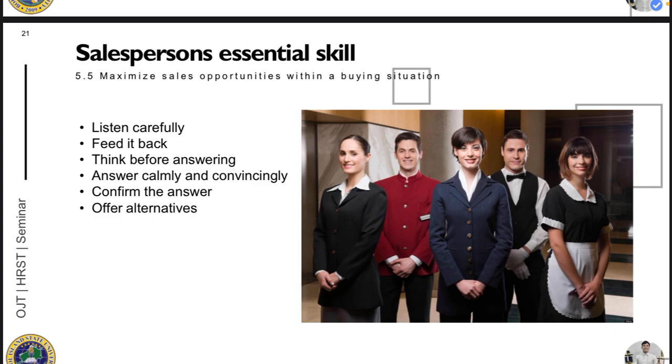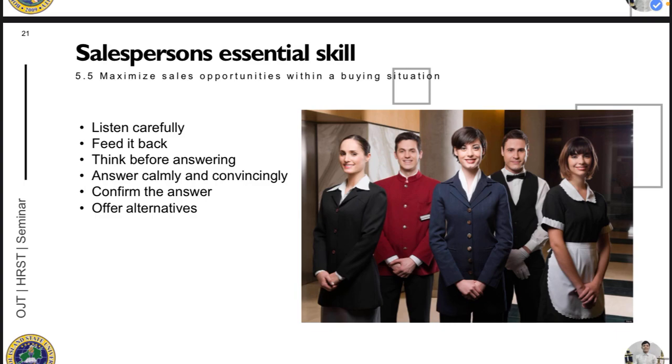What do we mean by feed it back? Summarize to the customer what you think is meant. We need to use close-ended questions. Wait for agreement, or if necessary, clarify further with questioning. This is the strategy or technique.